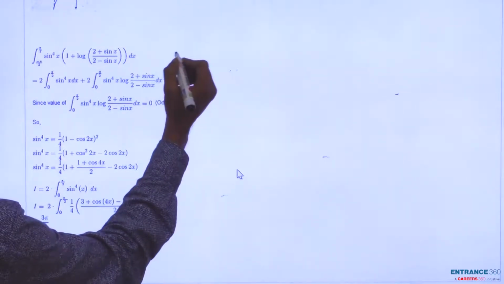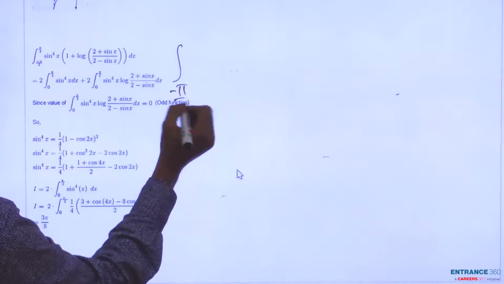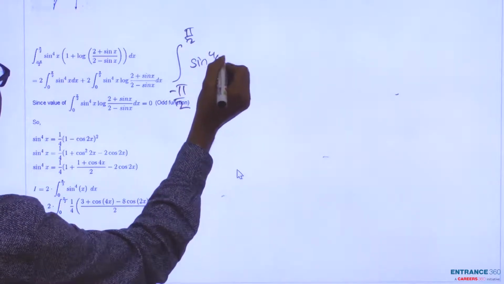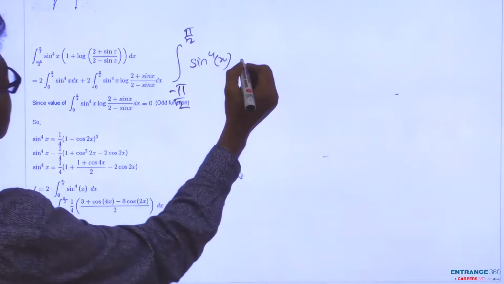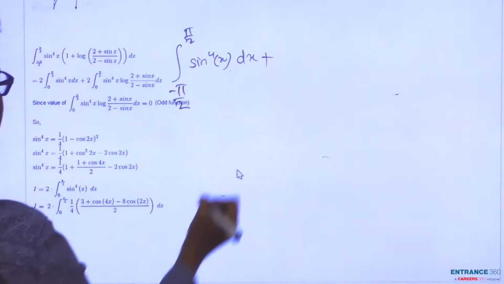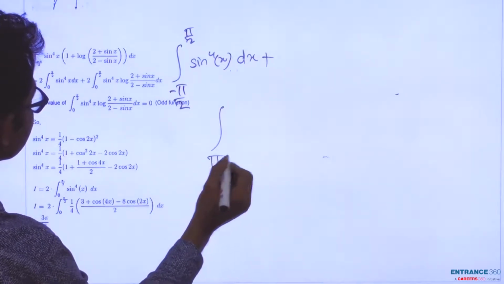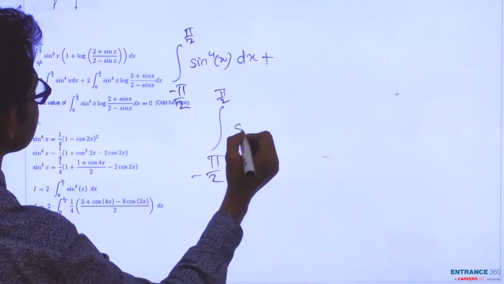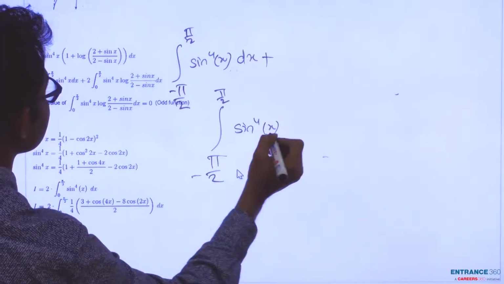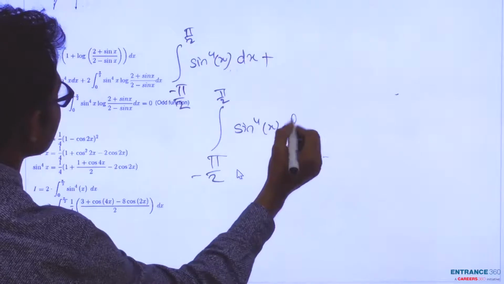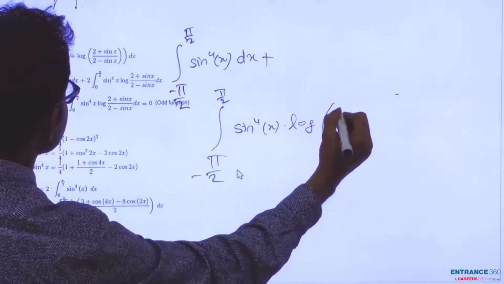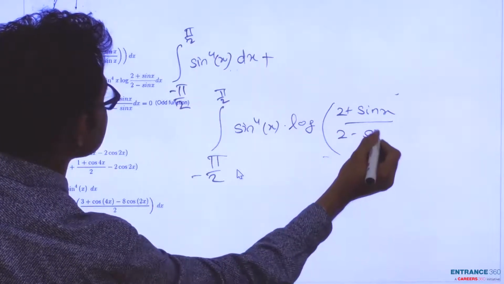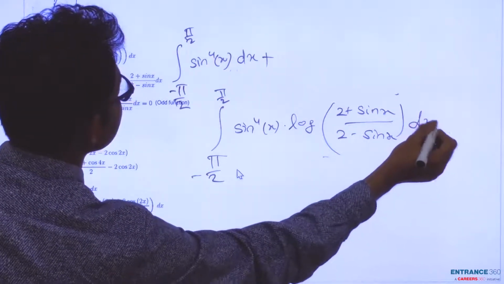This can also be written as integral from minus pi by 2 to pi by 2 sin^4 x dx plus integral from minus pi by 2 to pi by 2 sin^4 x into log of (2 plus sin x) divided by (2 minus sin x) dx.